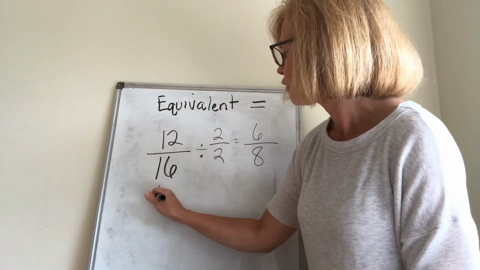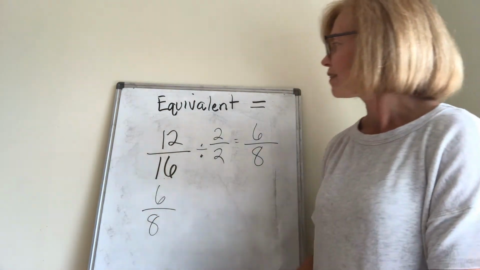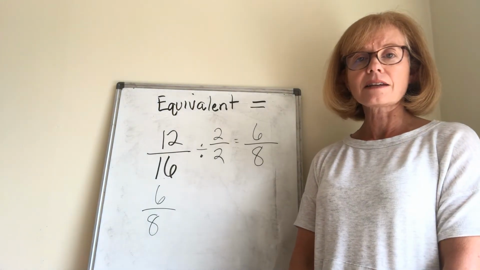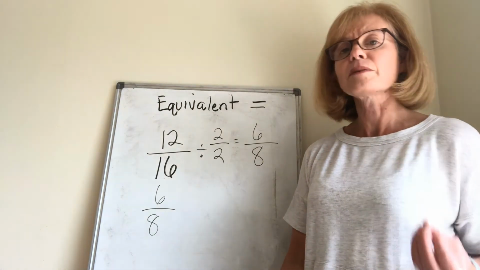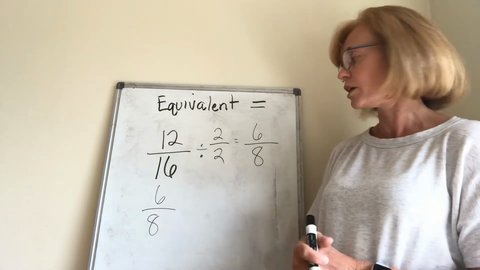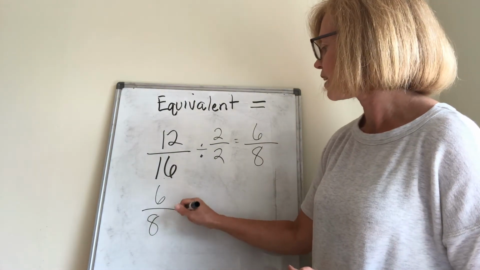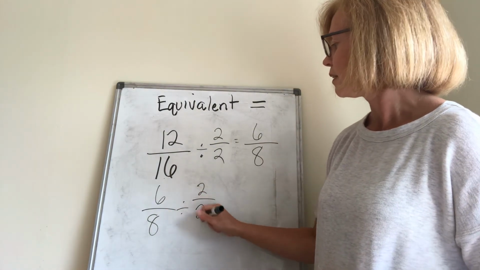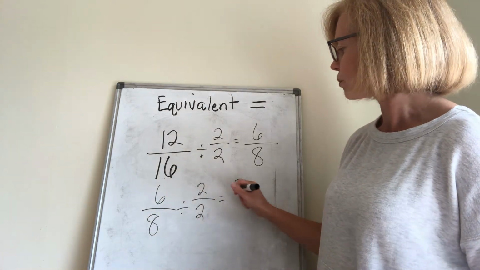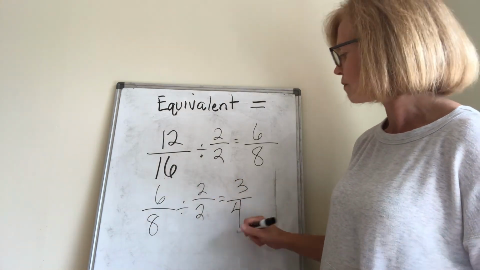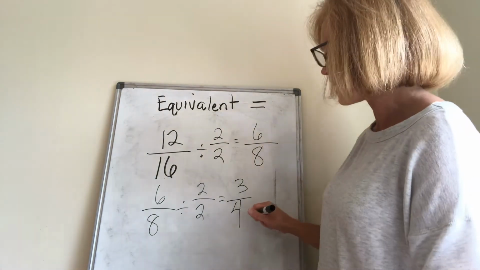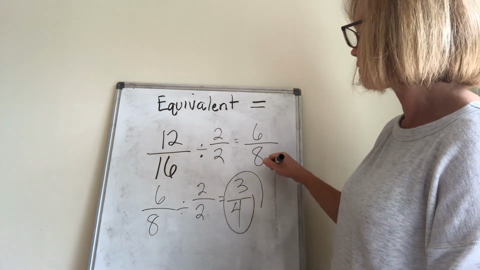Now, 6/8, is that the smallest I could make it? Could I simplify this fraction even more? What if I divided it by 2 again? 6 divided by 2 is 3. 8 divided by 2 is 4. I found another equivalent fraction.